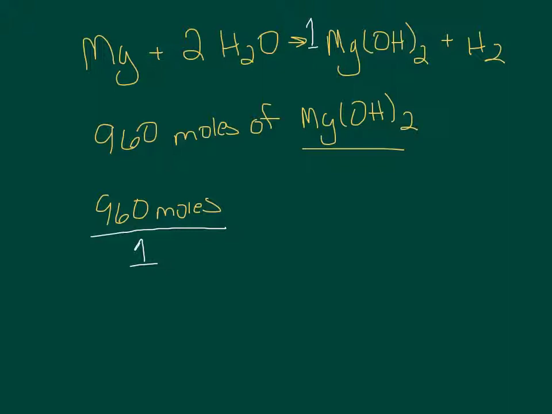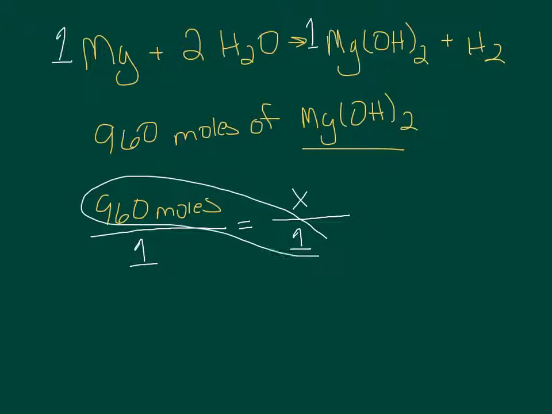So if I have 960 moles, how many moles of Mg will I have? Well, Mg's balancing number, magnesium, is also 1. So, when I cross multiply, I get 960 times 1 equals 1 times x. Well, that's pretty simple, isn't it?